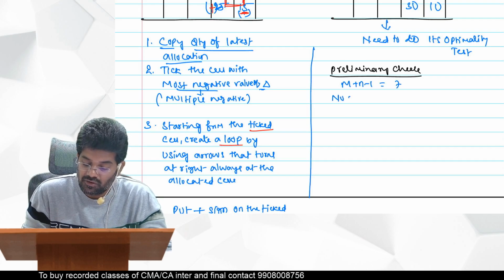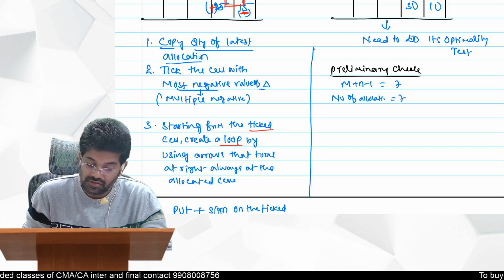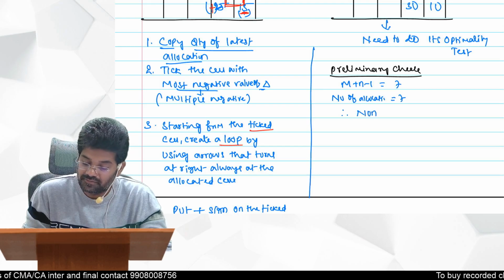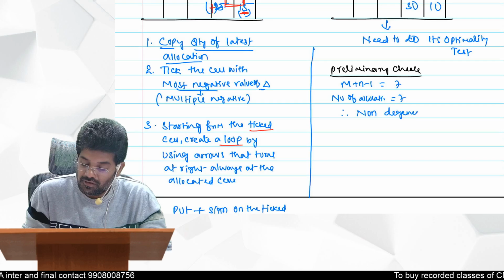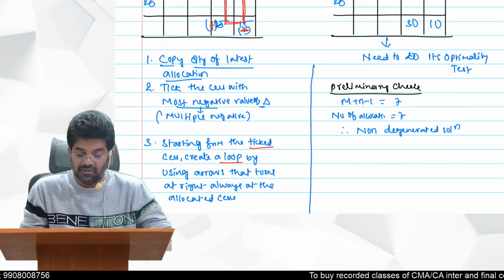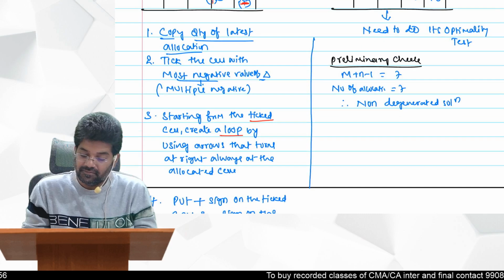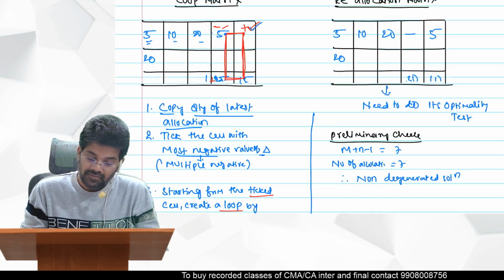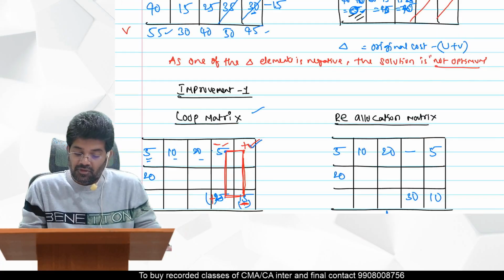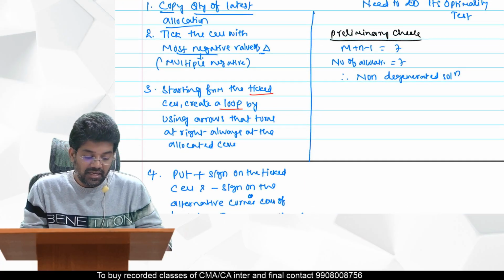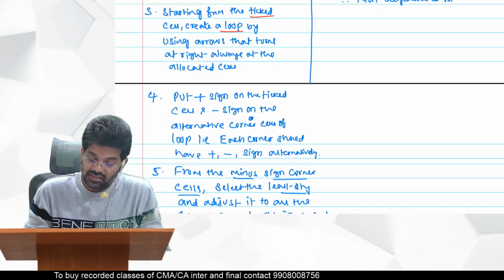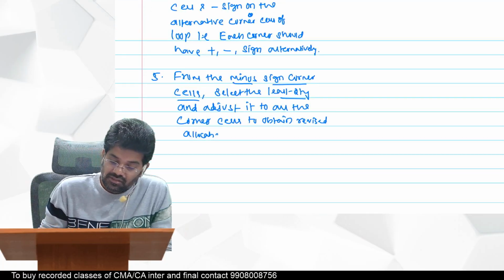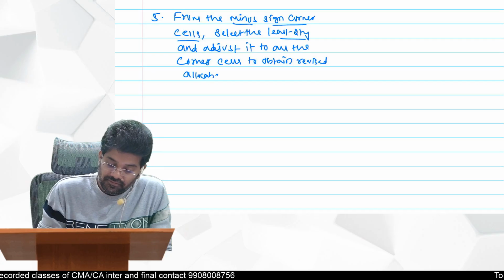Allocations also 7, no change in allocations. So it is a non-degenerated solution. Now you should prepare U plus V and again the change matrix. Go below this, the optimality test you should perform.